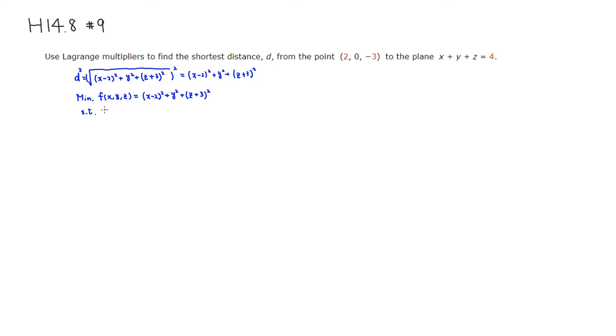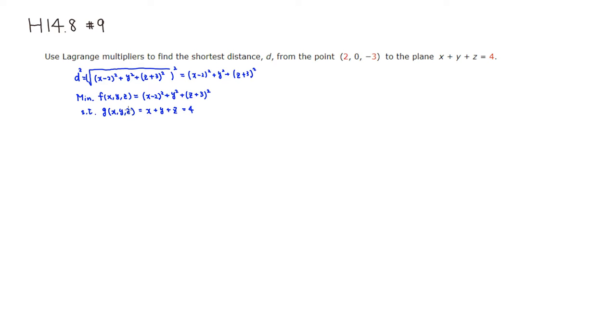I'm going to call this g of x, y, z, which is simply x plus y plus z, and this is equal to 4. All right, so let's do this.